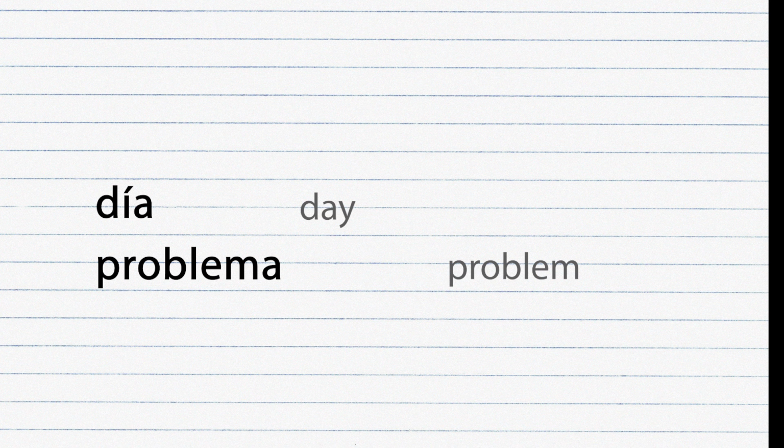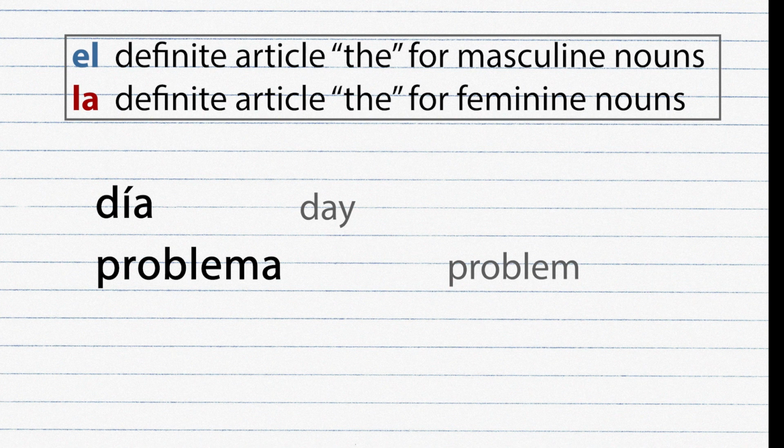Not every single word that ends with an A is feminine. For example, the word día, meaning day, ends with an A, but is still a masculine word. Another example, problema. It ends with an A, but it's a masculine word. That's why when you learn a new noun, it's good practice to also learn its definite article. El, la.